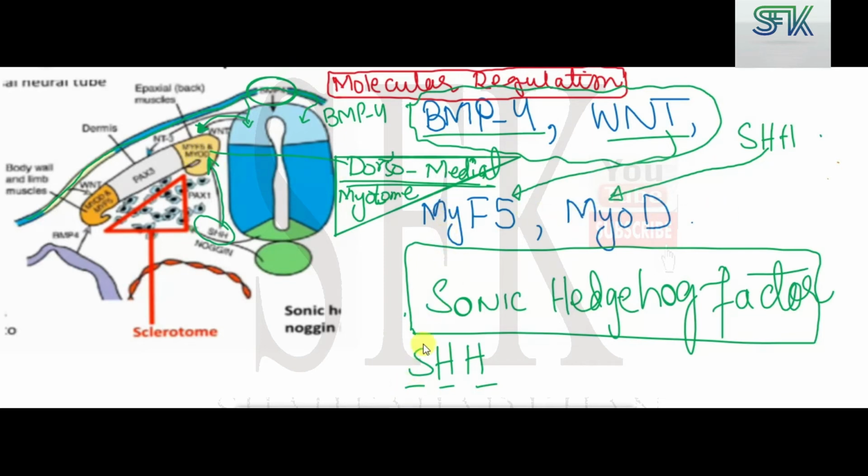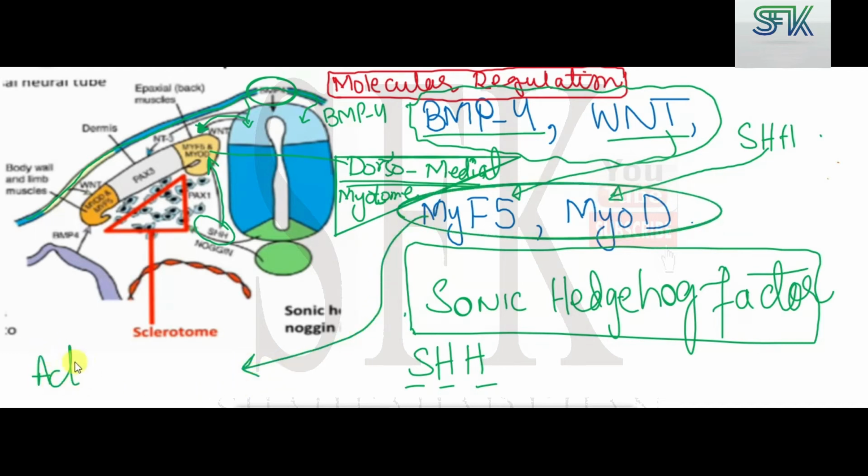These are the major proteins responsible for the activation of the signaling pathways for muscle development. Once the signaling pathways are activated, muscle development is initiated. So that's how muscle development is initiated.